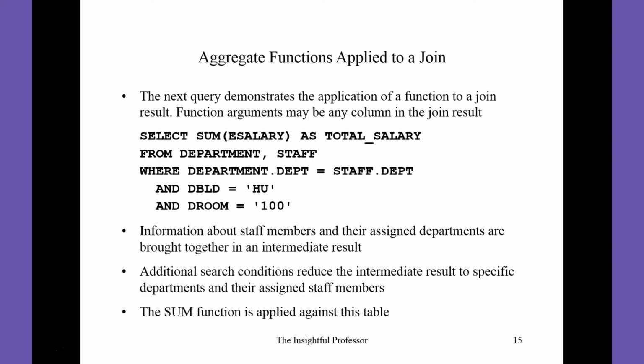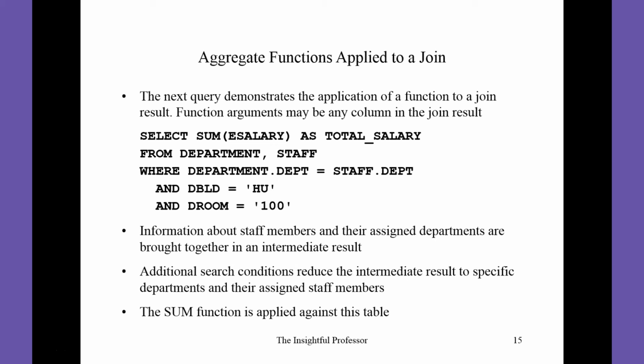Aggregate functions can also be applied to a join. If you look at this query, once again, from the select list, we see that we're retrieving data only from the staff table. So it's kind of a twist on the query we just looked at. But again, we're performing a join with the department table. And the reason is, once again, the department location, which translates to the location of the staff member, can also come into play.